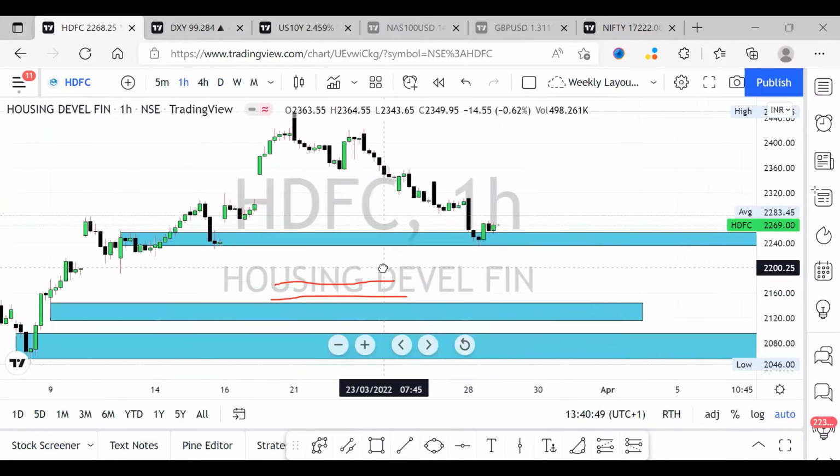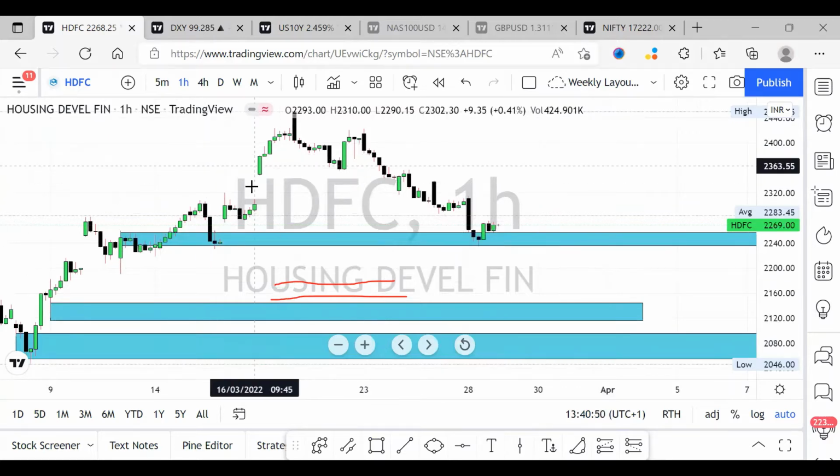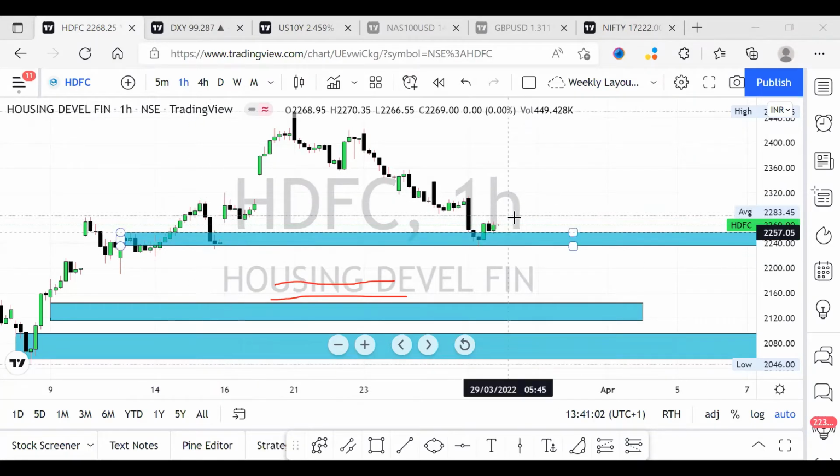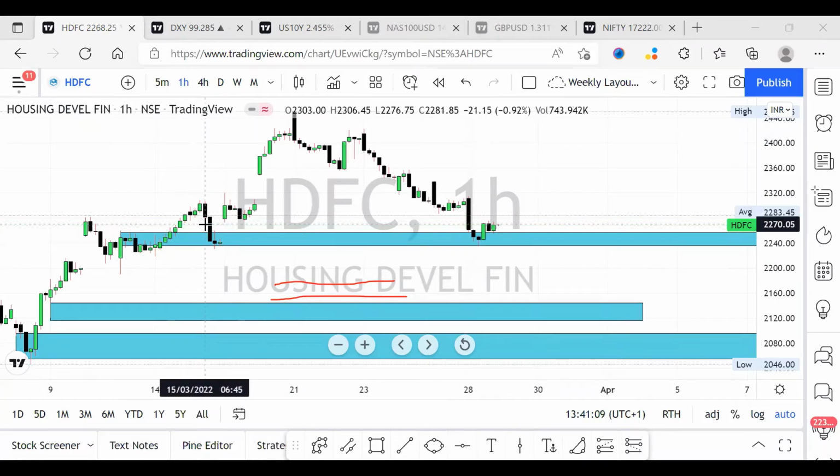On the hourly, if you look carefully, what happened here? On the hourly, price did not go below here. So price is not going to be going below here. So this is a reaction from that zone, okay?